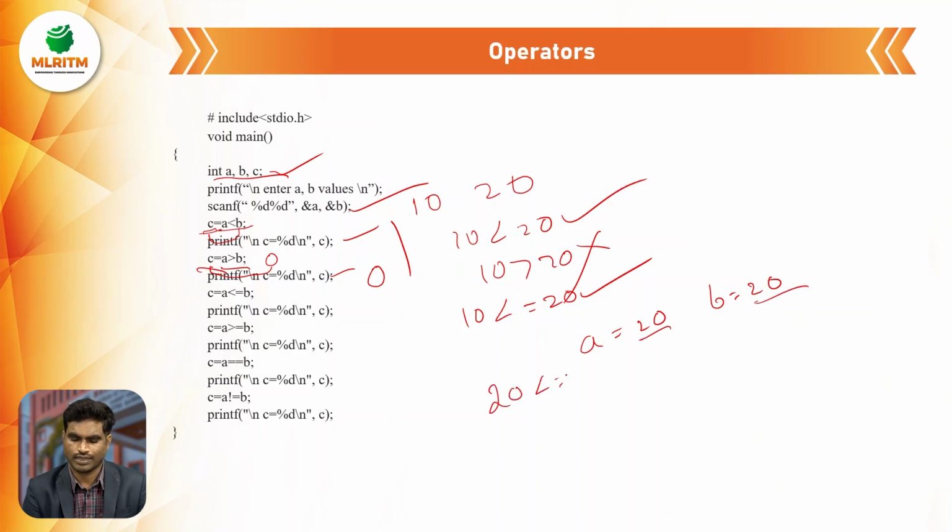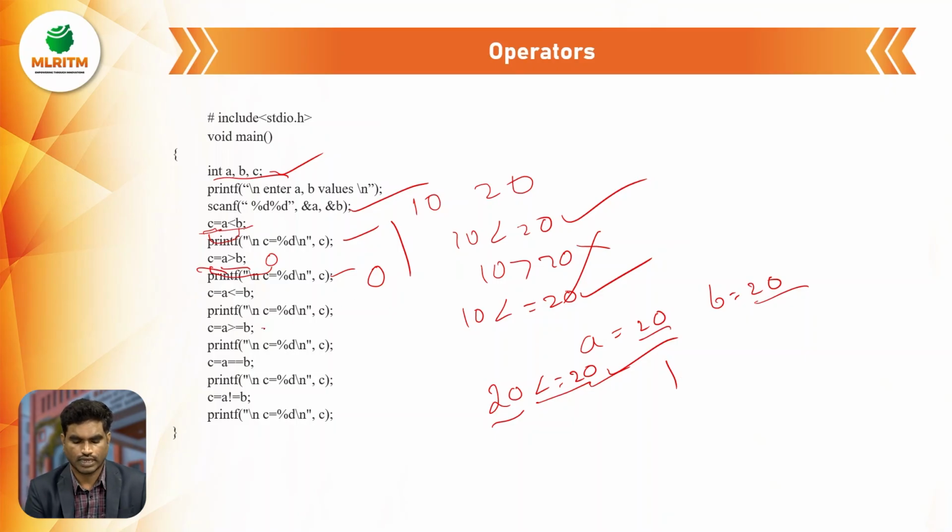Now 20 less than or equal to 20. This condition is true. Why? Because we are using the operator less than or equal to. This value is less than or equal, so when either case holds, the condition is true. So it returns the value 1.